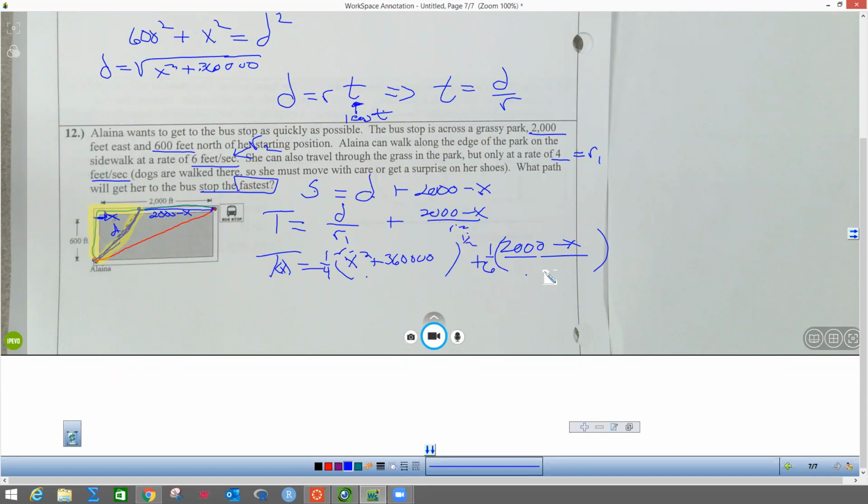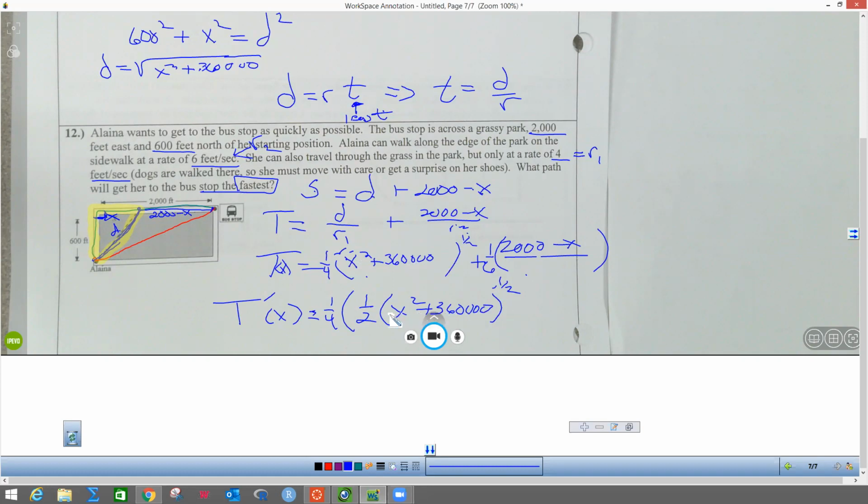Okay, so we're going to do the derivative of this thing, because I want the critical numbers of this. So we keep the 1/4 in front. We're going to do the derivative of this, which is going to be a chain rule. So we take the power to the front, leave the part inside the same, subtract the power by 1.